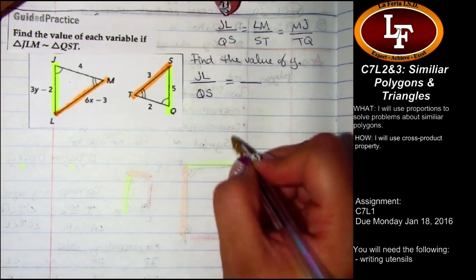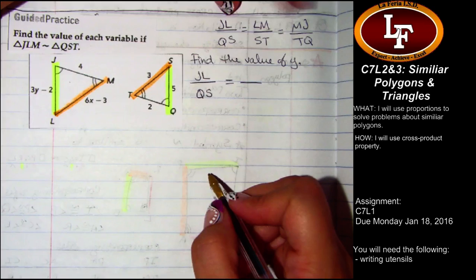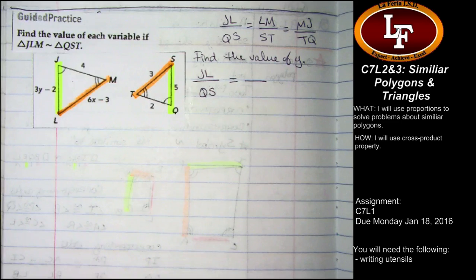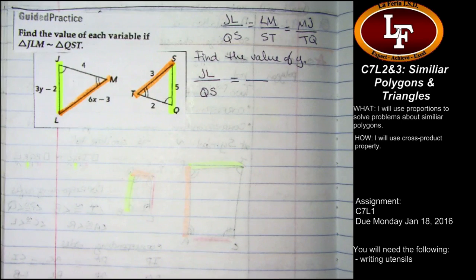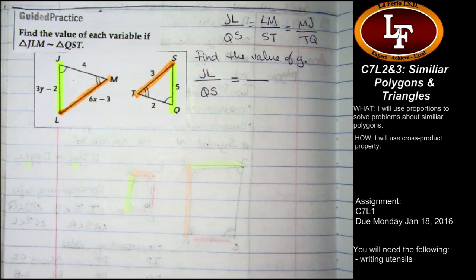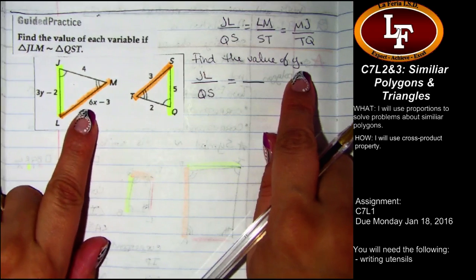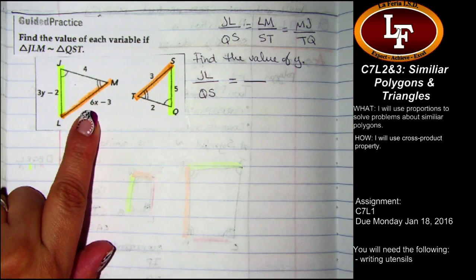That ratio is equal to either one of these other 2 scale factors, and the short answer to the question, well, which one do I pick, is it doesn't matter, just pick one. But the long answer is pick the one that's the most helpful. Your goal is to find the value of y, and so if you select LM, you're putting in a non-y variable.